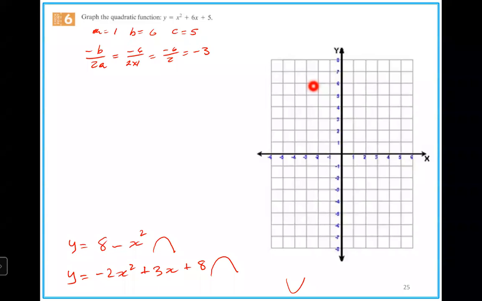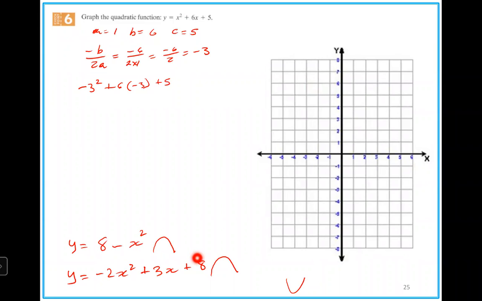Okay, sorry. So it's -3 squared plus 6 multiplied by -3 plus 5.